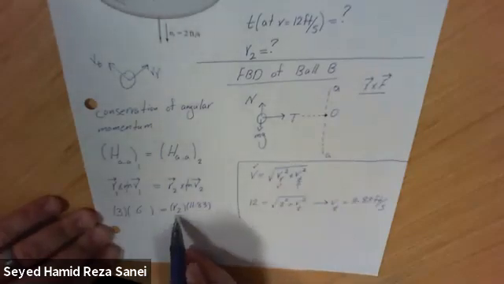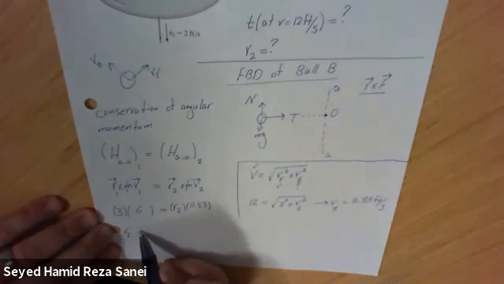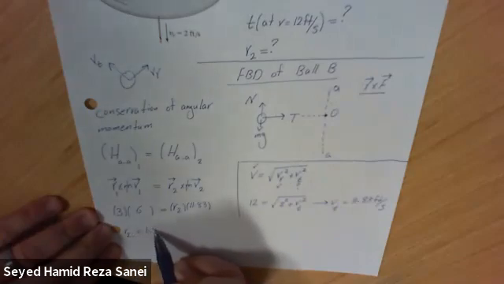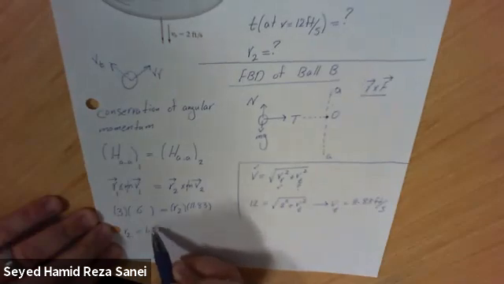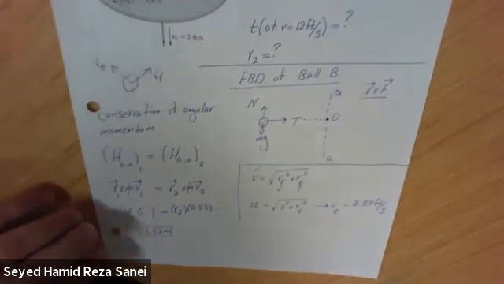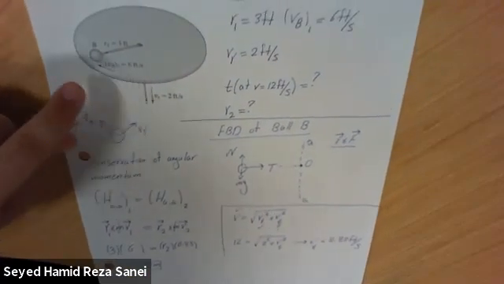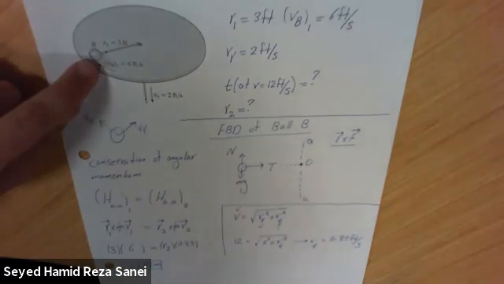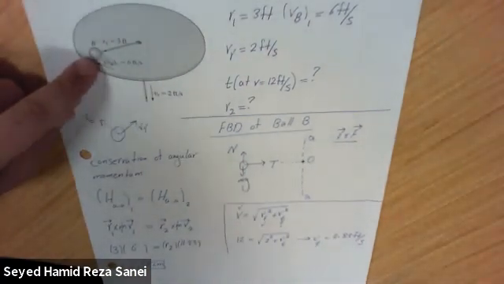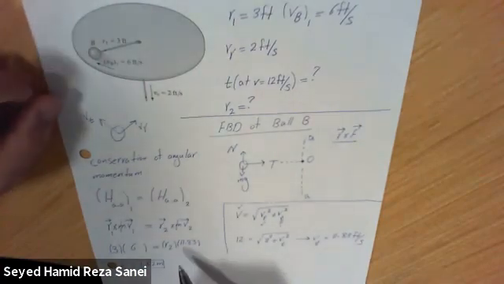So the only unknown would be R2, so we can find the final radius, which should be 1.52 meter. As we are pulling the rope, we started with a velocity of 6 feet per second, and we ended up with a velocity of 11.83.